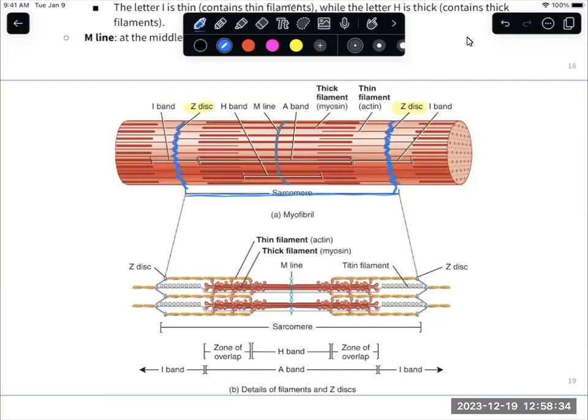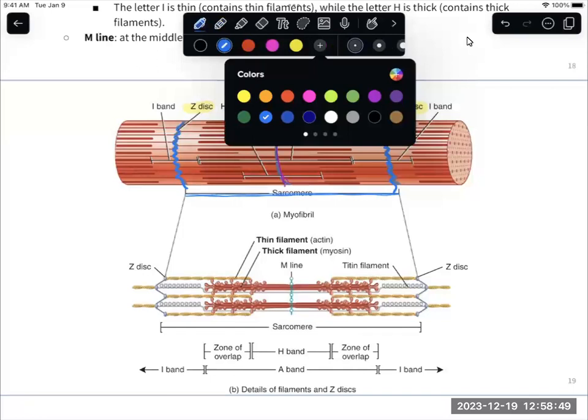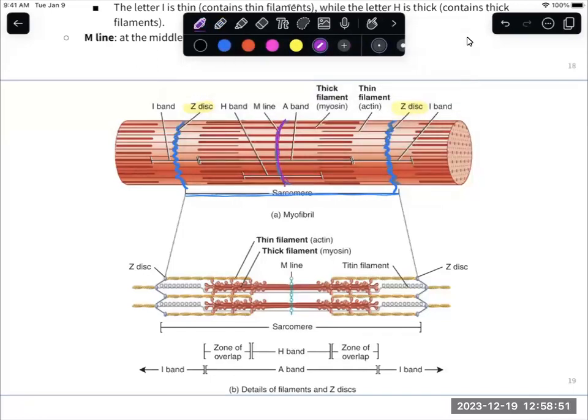Then we have our M line. I'm trying to draw in purple here, not very well. This M line goes down the middle. M for middle.